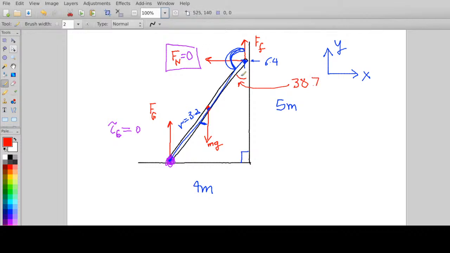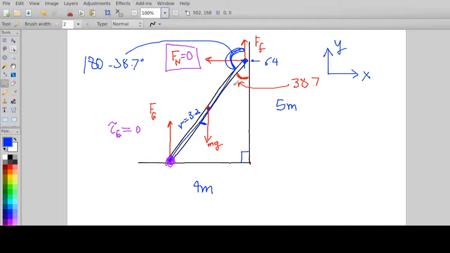Now, if this is 38.7 in there, and this whole thing is 180 degrees, well then this angle here has to be 180 minus 38.7.